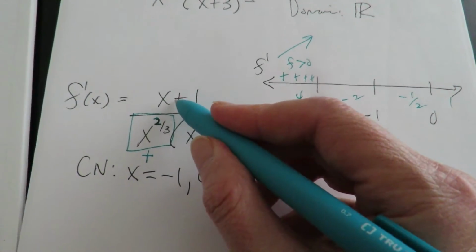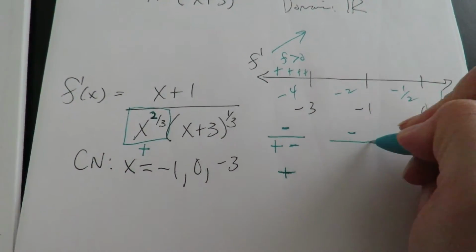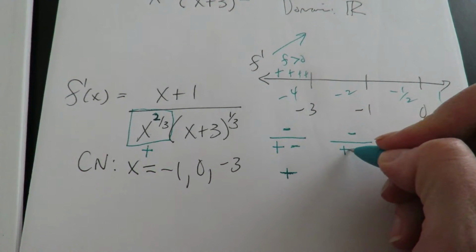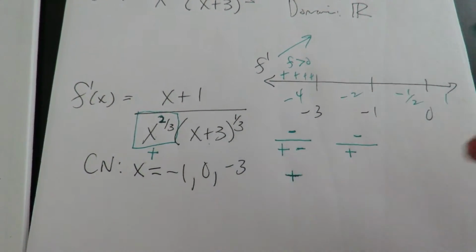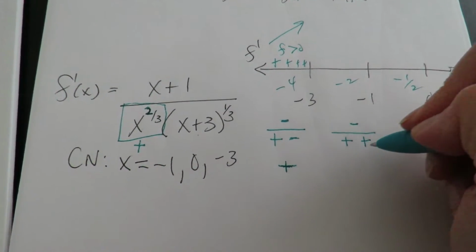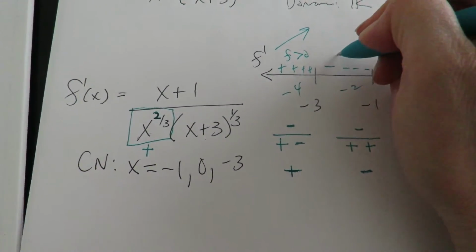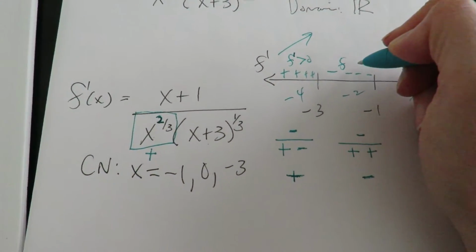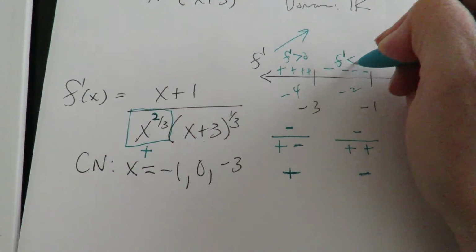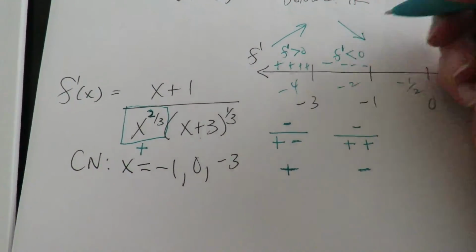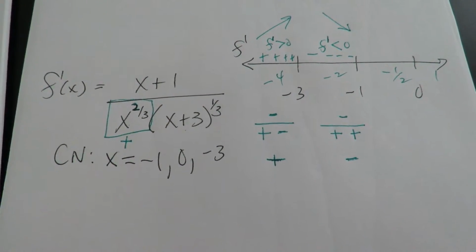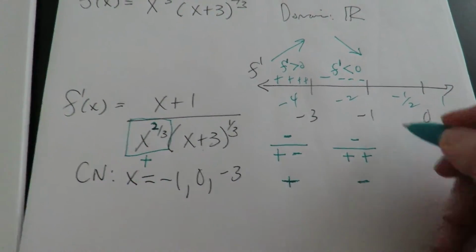-2: I've put -2 into the numerator, that's negative. This part's always positive. -2 here is going to be positive. So negative, positive, positive is negative. That guy's coming down. Okay, I'm going to put in a half here.